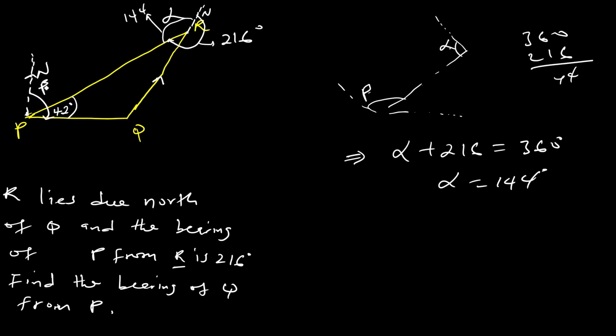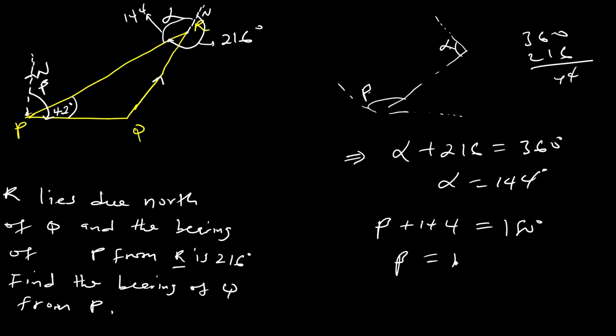So how do we find this side? So 144 plus beta will give us 180 degrees.